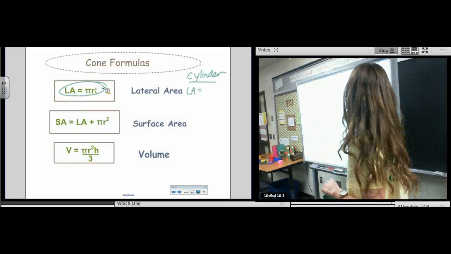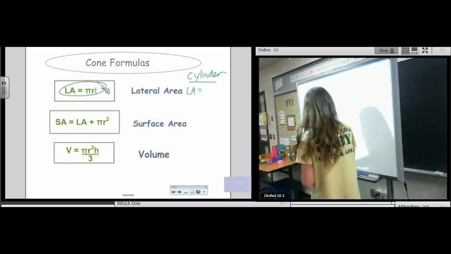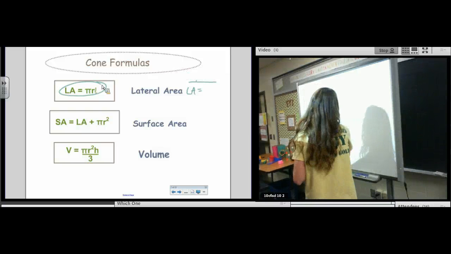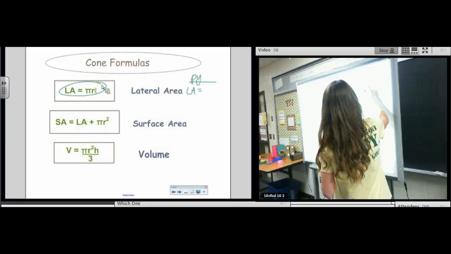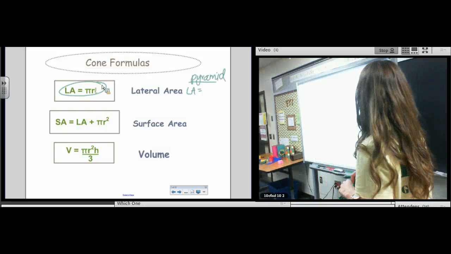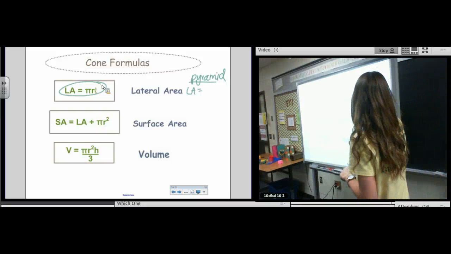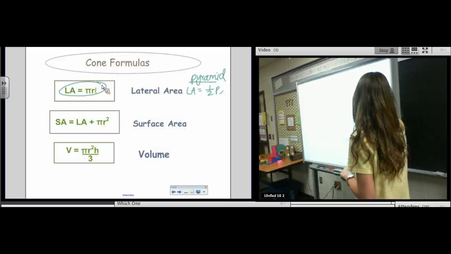Sorry, wait. I don't want the LA of a cylinder. I want the LA of a pyramid. That's a better connection to make. Let's do a pyramid instead. So the LA of a pyramid is, good, 1/2 P L.